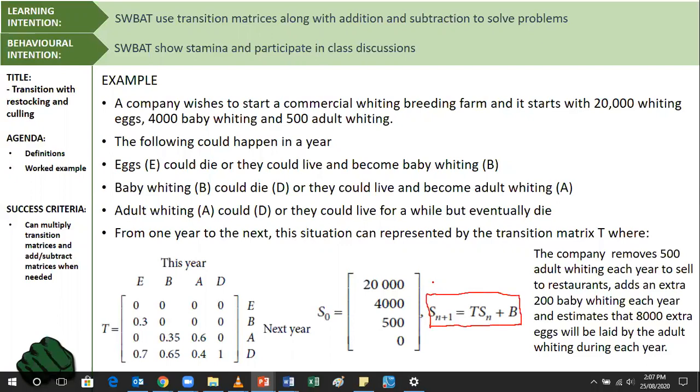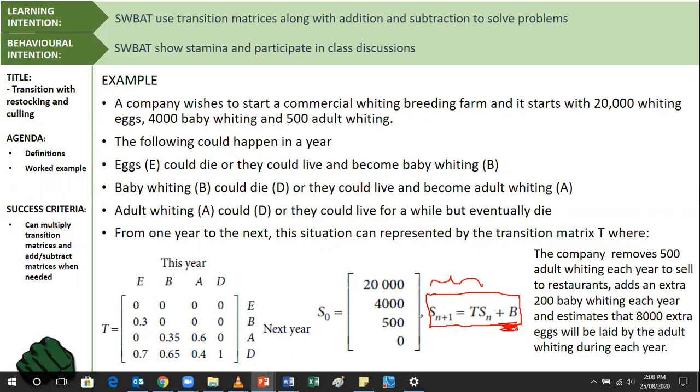We already dealt with the first component, which is the next transition event: the next day or the next month is the transition matrix times the previous. The only new thing is this plus B bit. Plus B is not necessarily adding to the situation. It could also be removing.